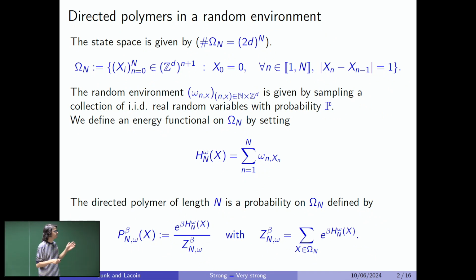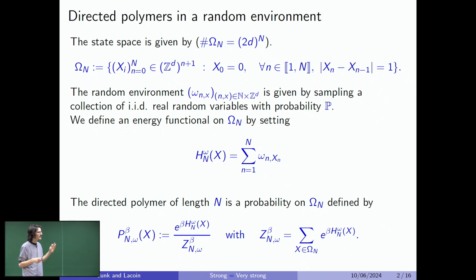Because you have 2d choices for each step, and the choices are independent, the cardinality of this space is (2d)^n.